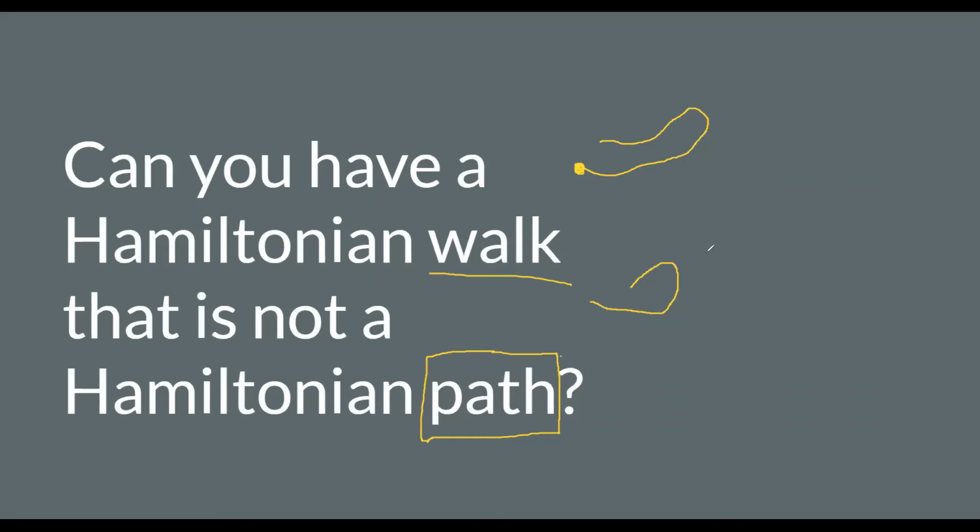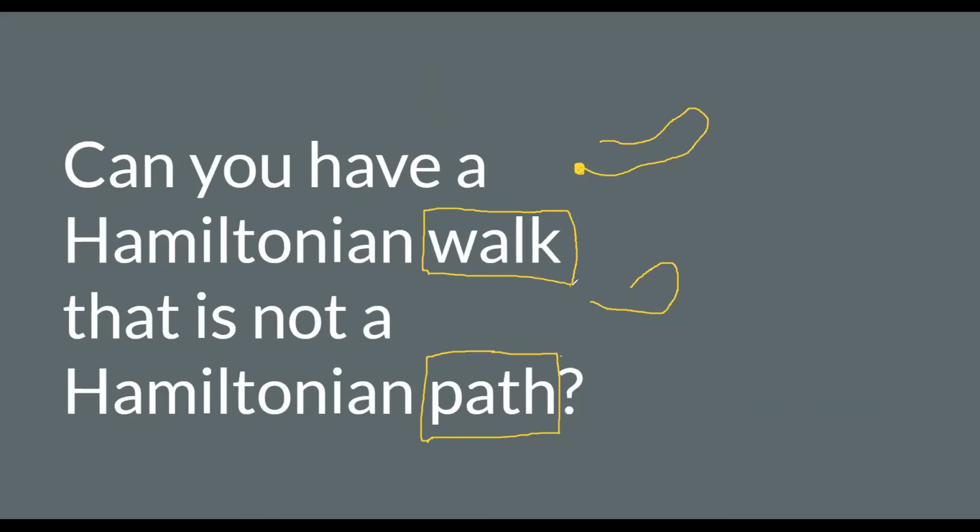Someone asked, so a path can visit a vertex multiple times and a walk only once, or the other way around? Yeah, it's the other way around. So the path is the more restrictive one, and the walk is the less restrictive one. One way you can remember that is a walk just sounds more casual, like you're just strolling around going for a walk.